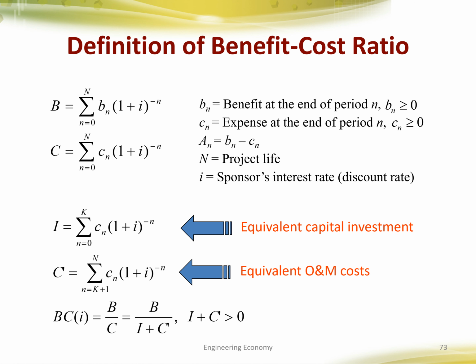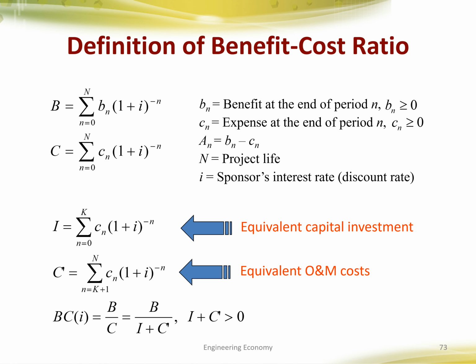Again, we are summing all the costs, right? Cost cash flows. However, for costs at different times, we need to convert them into the same time. Okay, so these two values will be compared at the same time.